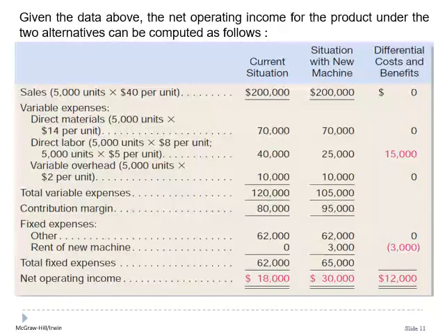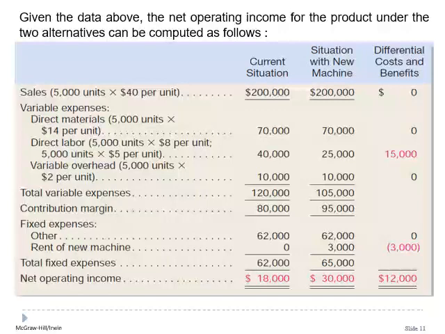Note that we can arrive at the same solution much more quickly by completely ignoring the irrelevant costs and the benefit, such as the selling price per unit and the number of units sold, which don't differ between the alternatives. Therefore, the total sales revenues are exactly the same for the two alternatives as shown in this table.